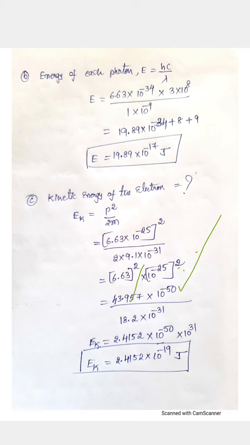In the denominator, 2 into, here I think you have to make one more step in the denominator. Please mention 2 into 9.1, that is 18.2. Shall I write it here?